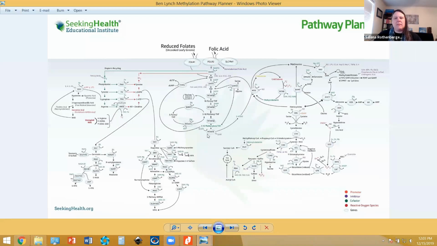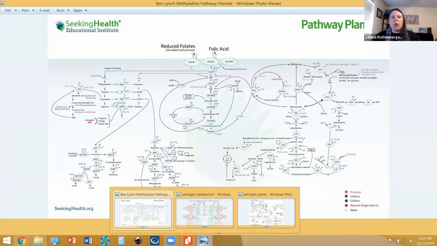So that's how the MTHFR is connected, because it's part of these recycling pathways. It's what keeps a lot of these things going. Having problems at any of these steps can be problematic. So it's not just MTHFR, but now you know a little bit more about where MTHFR fits in that picture of estrogen recycling and hormone problems, PCOS, endometriosis, the cancers, the painful periods, the cramping, bloating, tiredness, insomnia, all of those kinds of things.